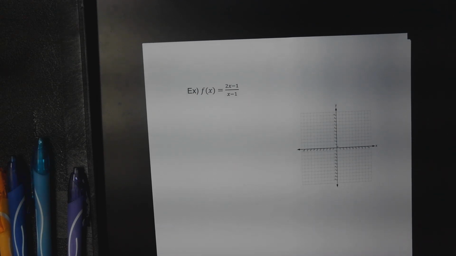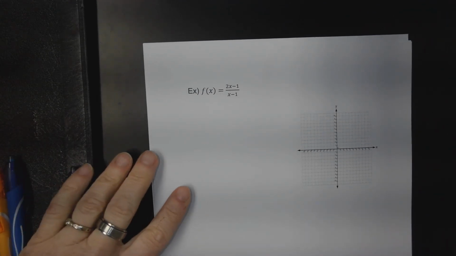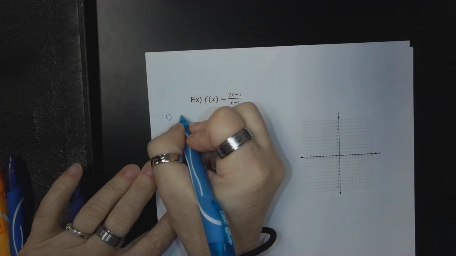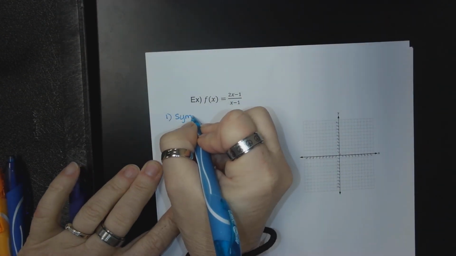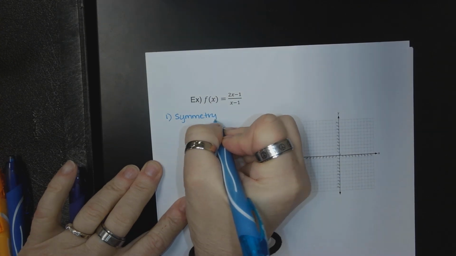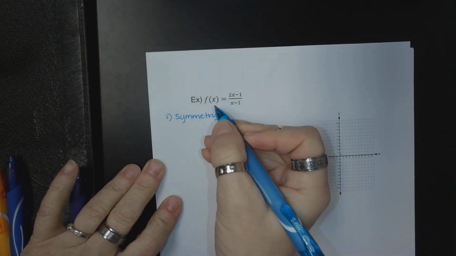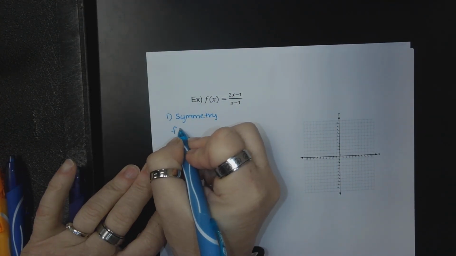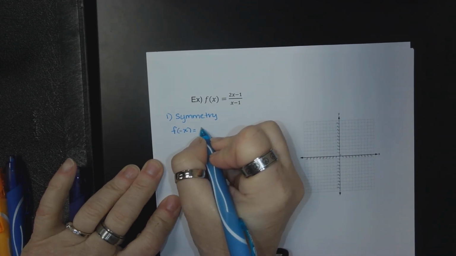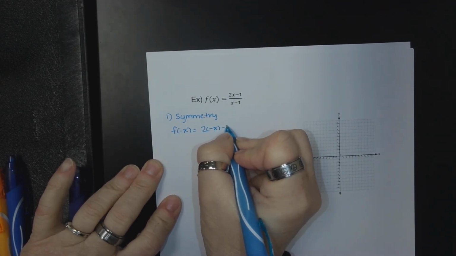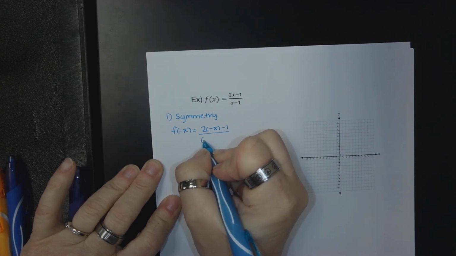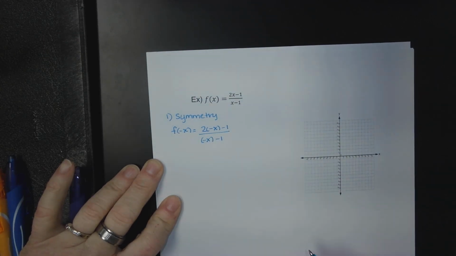So first thing that we're going to find is symmetry. We're going to plug in negative x for all of our x's. So f of negative x is going to equal 2 times negative x minus 1 all over negative x minus 1.